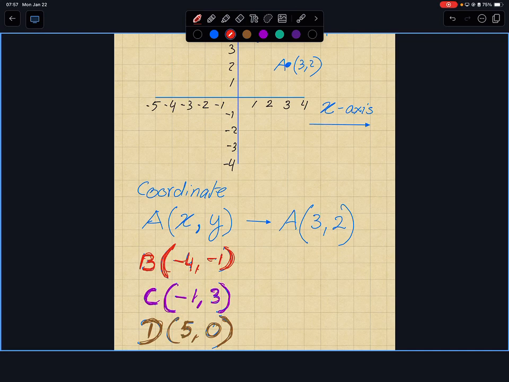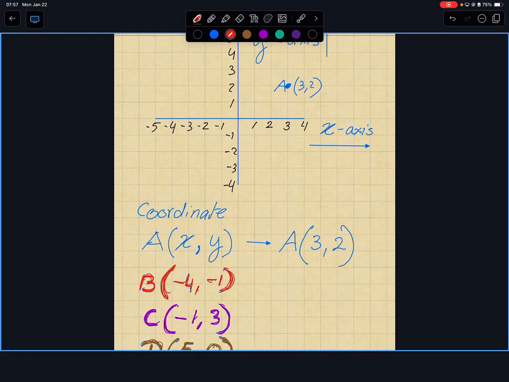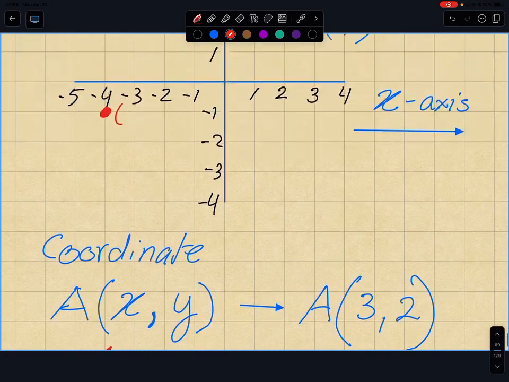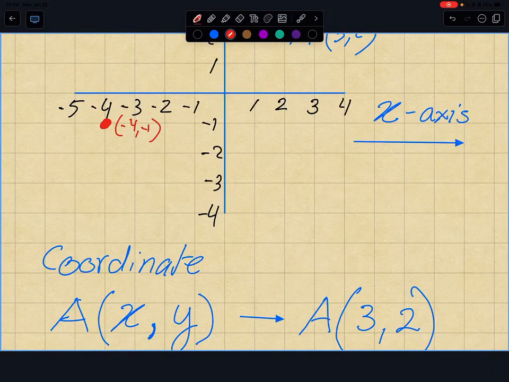So B, -4, -1. So you move 4 spaces to the left in the x-axis, and then you move 1 space downwards here. So the coordinate of B lies there. B.